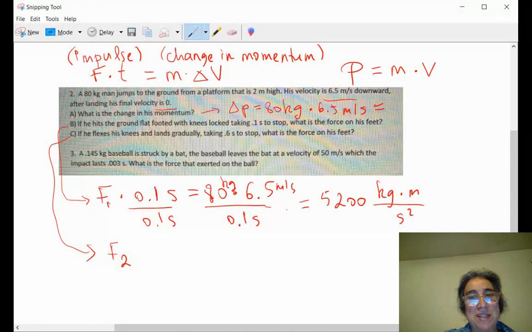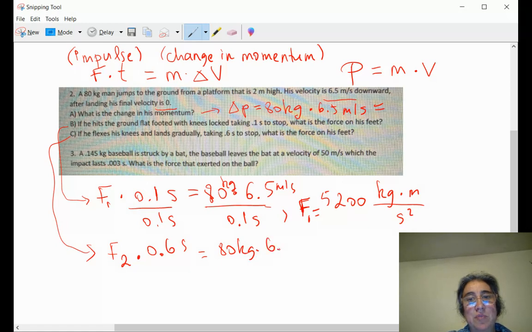So I'm just going to say comma and F1 just to be equal to the final answer. And the second one, 0.6 seconds, is equal to the same 80 kilograms times 6.5 meters per second. But this time I have to divide by 0.6 each side to solve the equation.